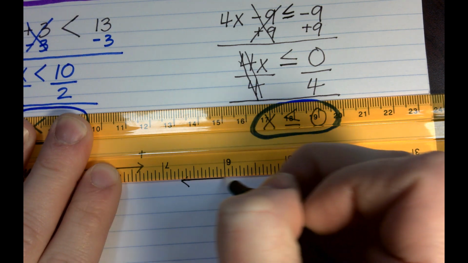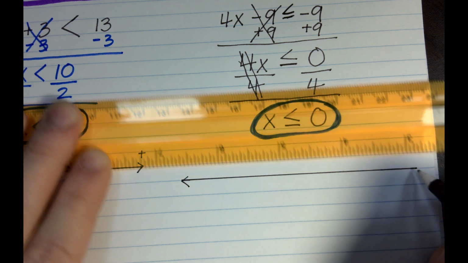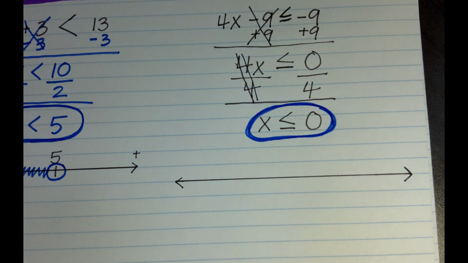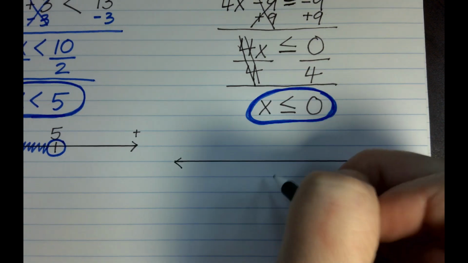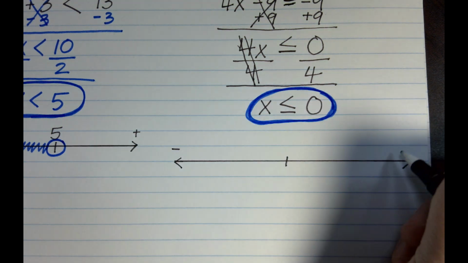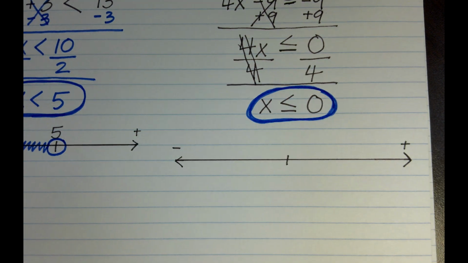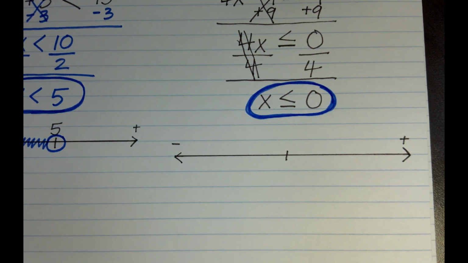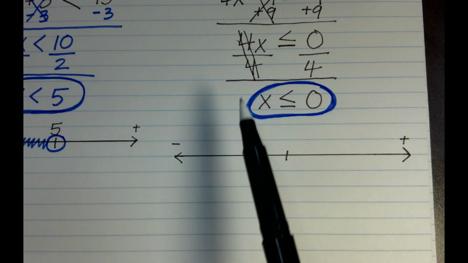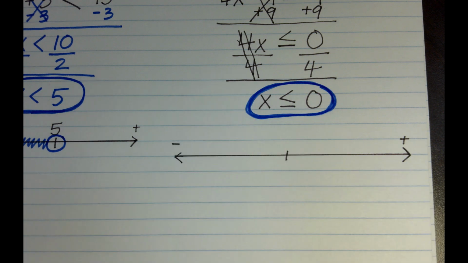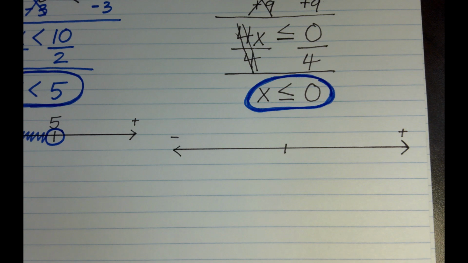It's crazy. So I'm gonna draw my line. Okay. My tick mark, my minus, my plus. And if I want to draw the graph of this inequality, x is less than or equal to 0, what is the first thing I need to label? 0. That's my number.